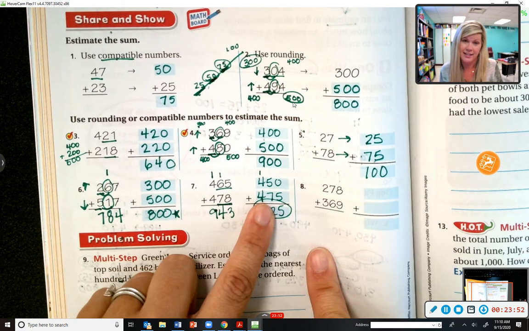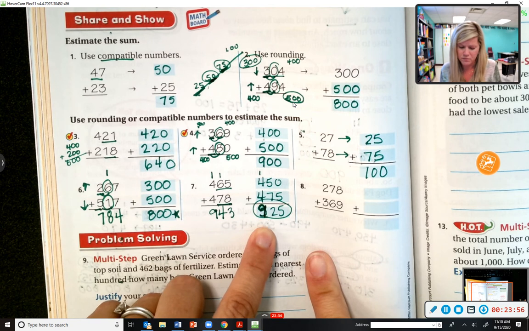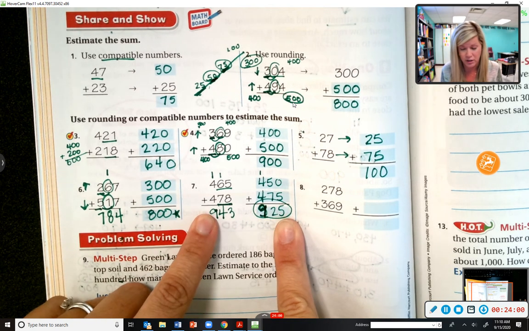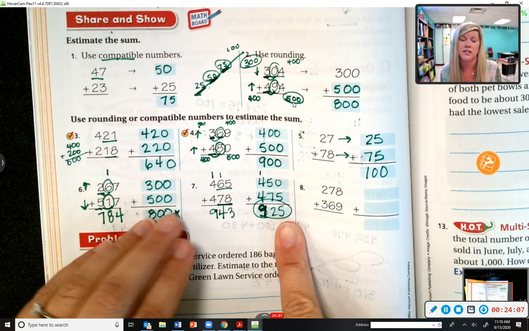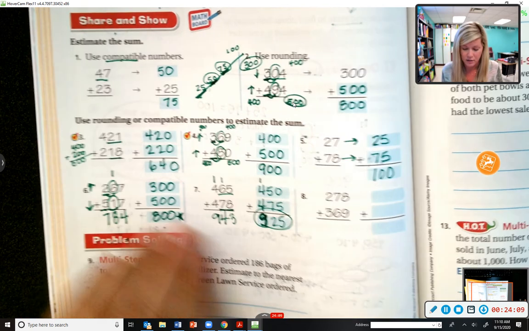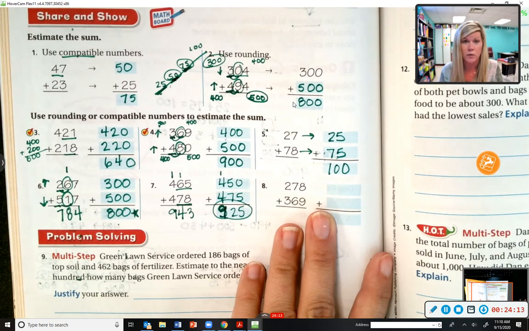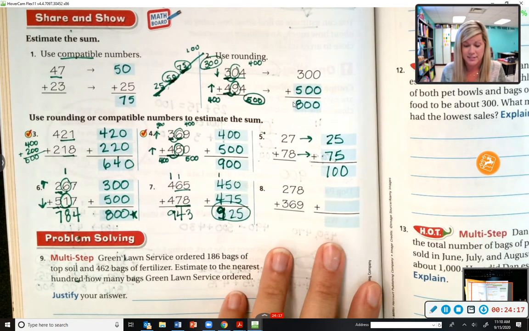Now that could be the same thing for your estimate. If you had gotten 925 for your estimate, but then for your answer you got 543, then you would have been way off, and then it would help you see that you made a mistake. Okay? Let's do this last one, and then I'm going to let you do some word problems on the back page on your own. And then we'll go on to our assignment.